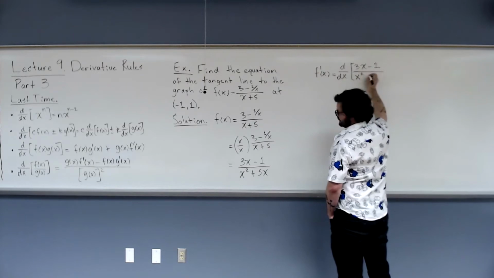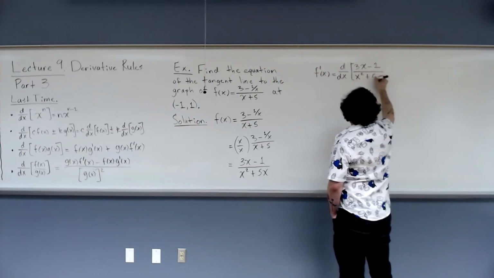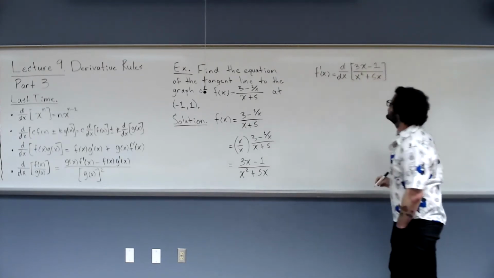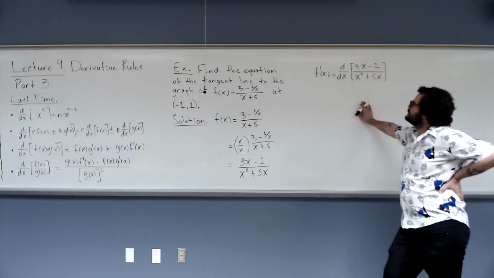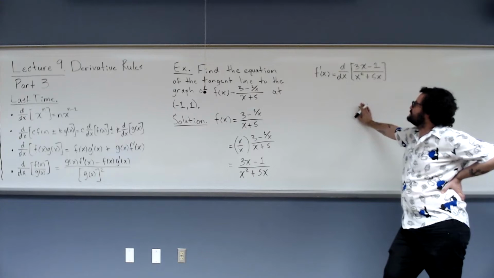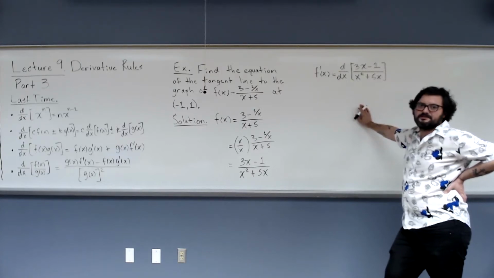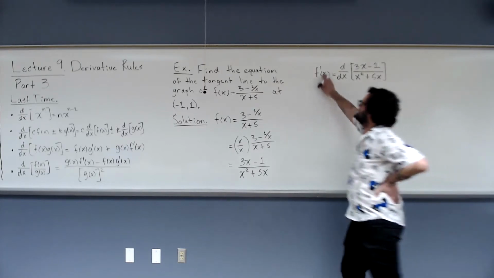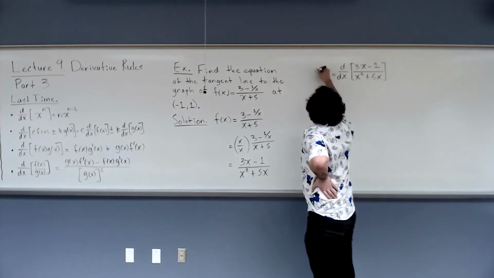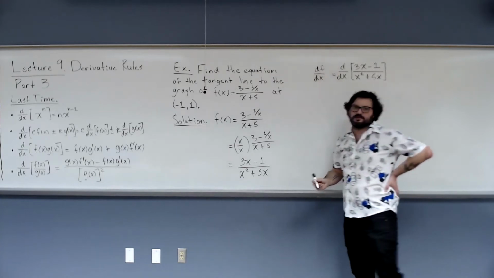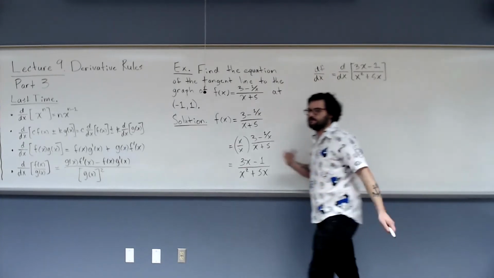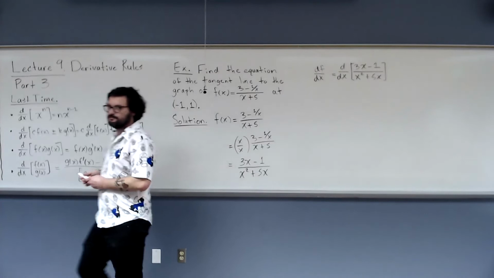It is a quotient. I really don't like using the prime notation with the dx notation, so I'm going to write this as df dx, the derivative of f with respect to x. Staying consistent with my notation is just a thing I like to do.